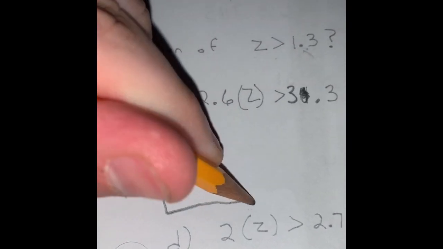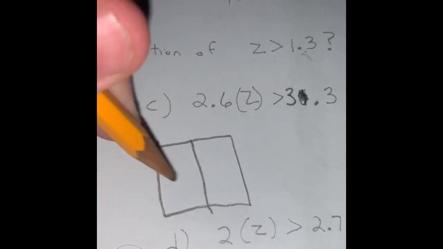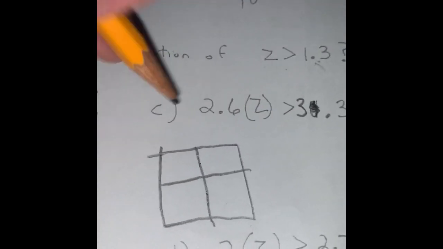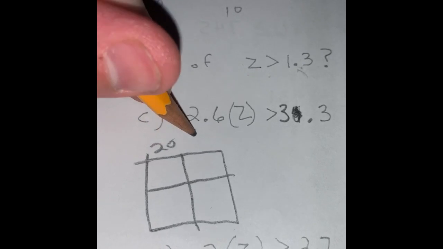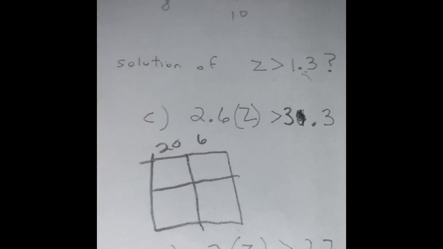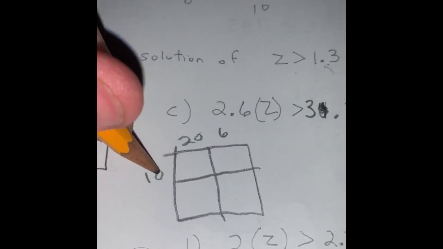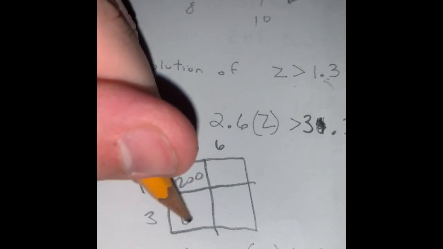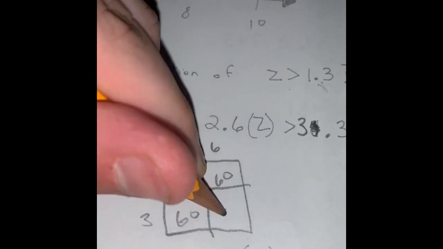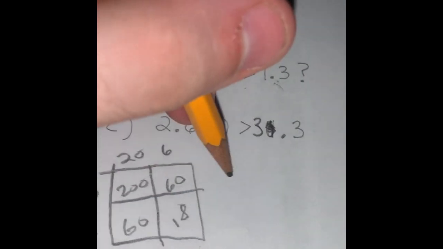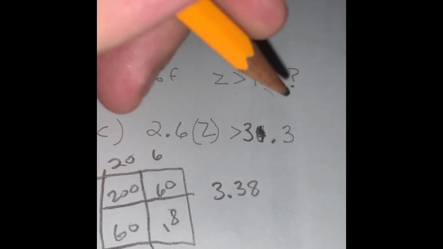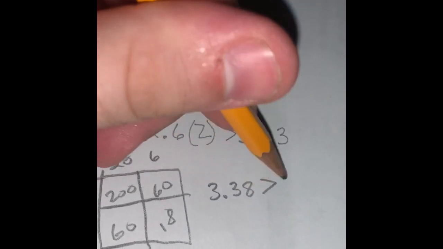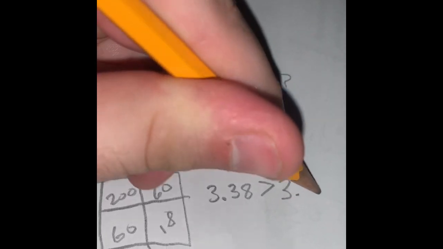So I'm going to multiply this one out again. I'm going to break down 2.6 like 20 and 6, and I'm going to break down 1.3 as 10 and 3. So now I have 200, 60, 60, 18, and when I add it up, I should get 338, which with a decimal is 3.38, is greater than 3.3.